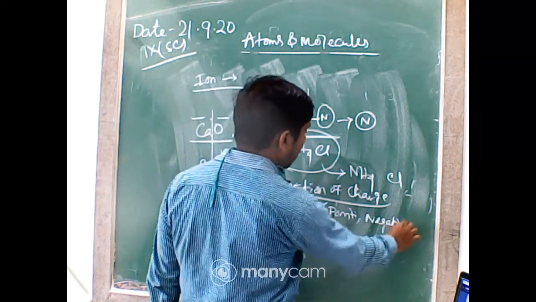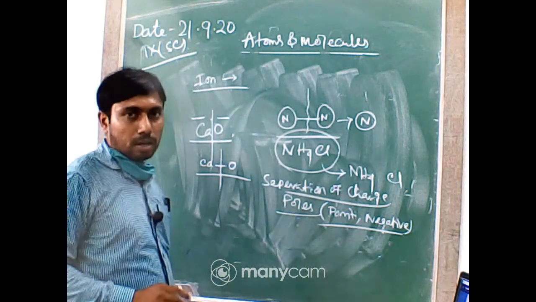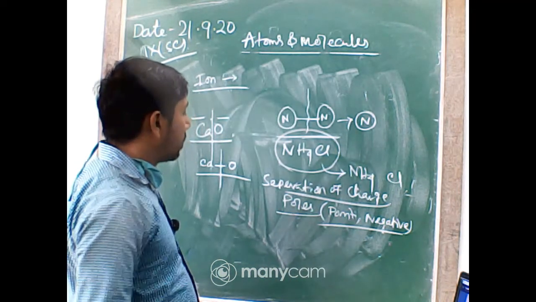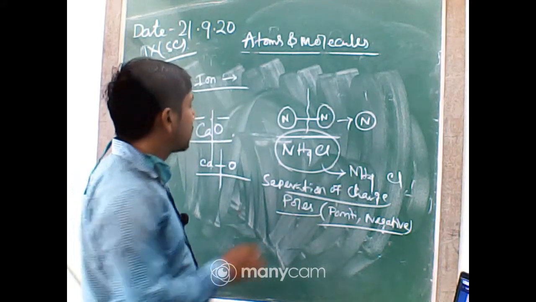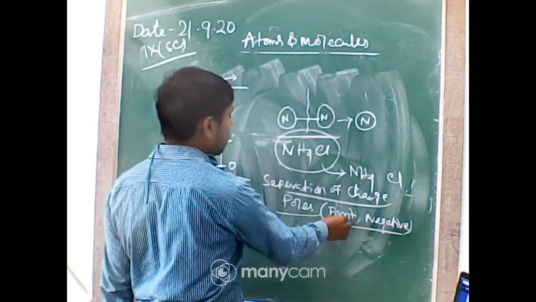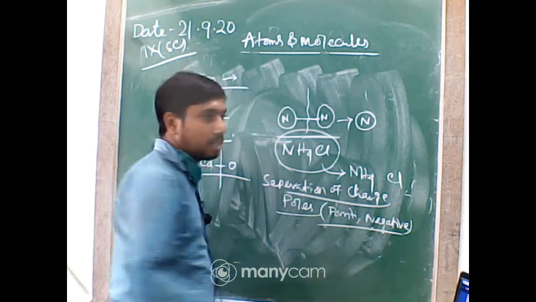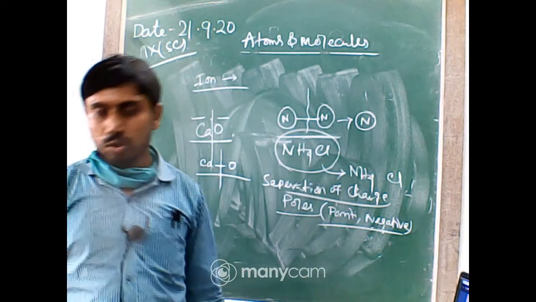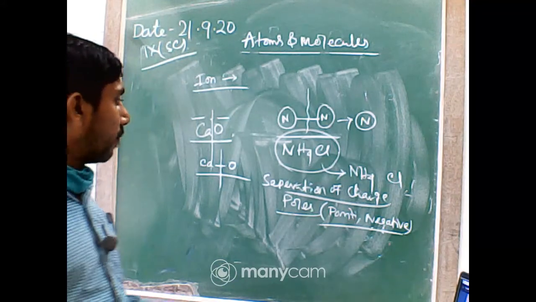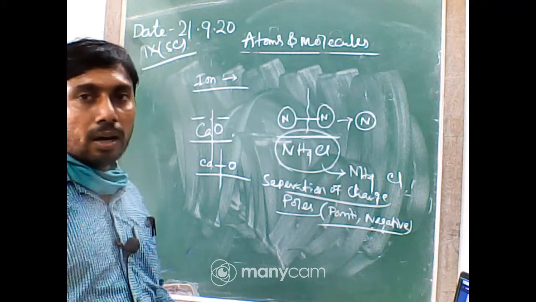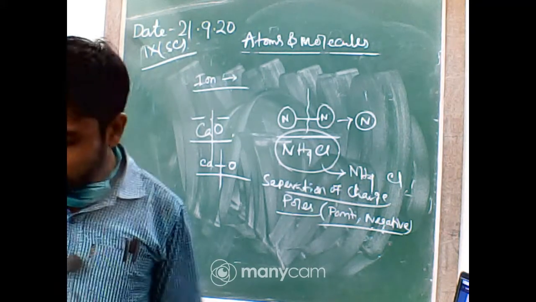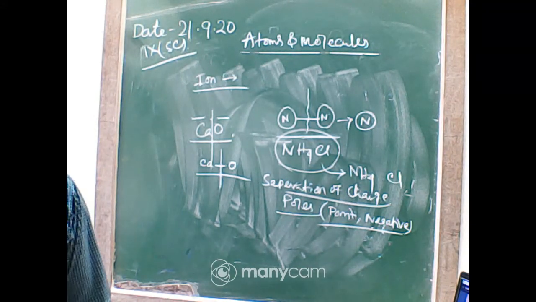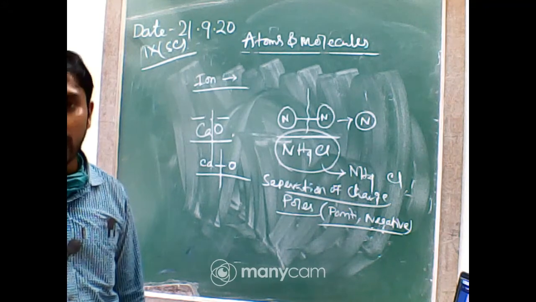When such poles are generated as a molecule dissociates, the subpart is called an ion, having two types, positive charge and negative charge. So these are the different positive and negative ions. The definition: charged species are known as ions.